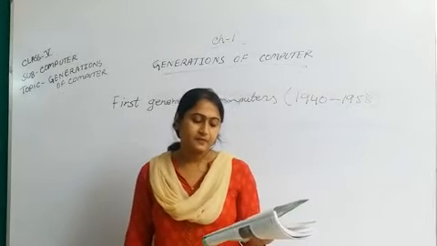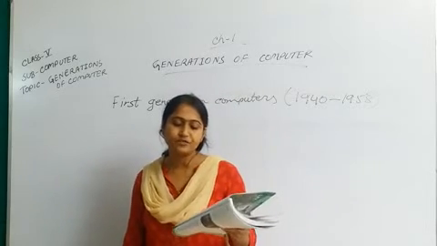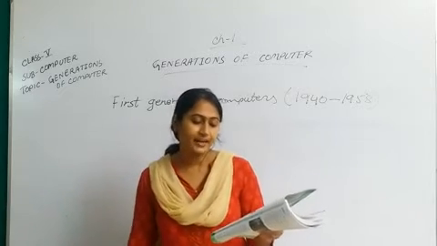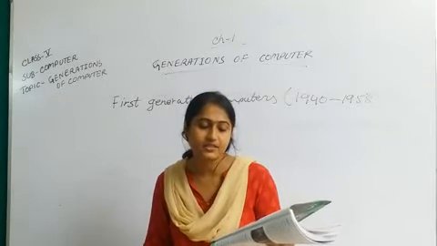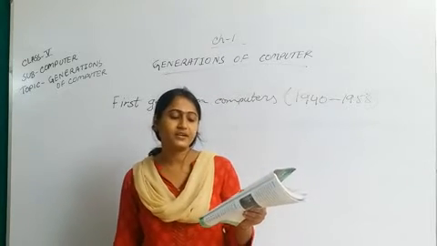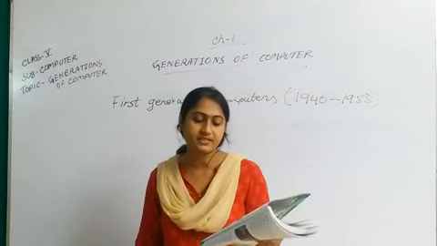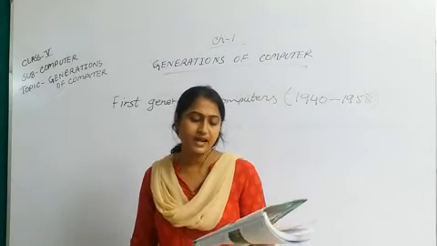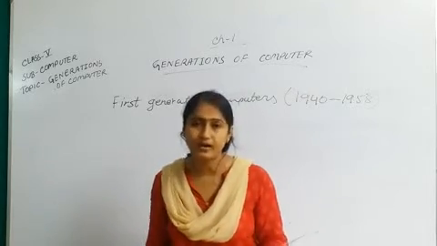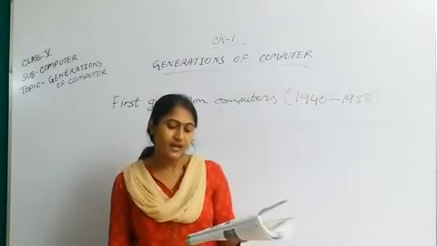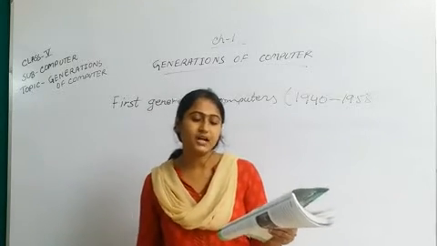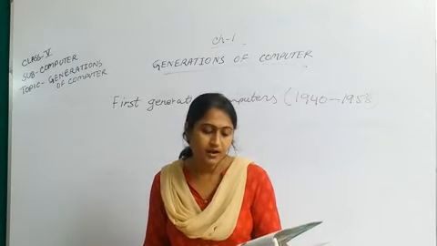It consisted of 18,000 vacuum tubes, occupied 63 square meters of space, and weighed more than 27,000 kilograms. It was 1,000 times faster than the Mark 1, and it could add large numbers in 200 microseconds.